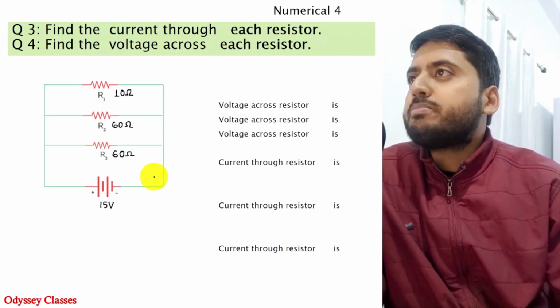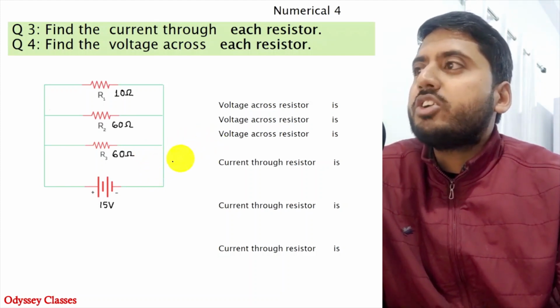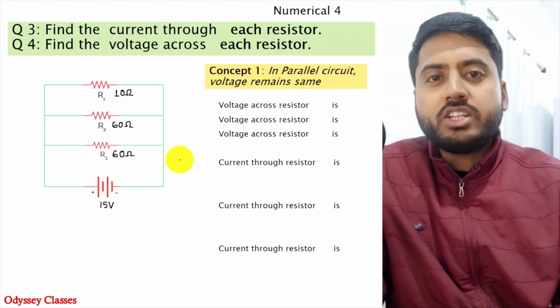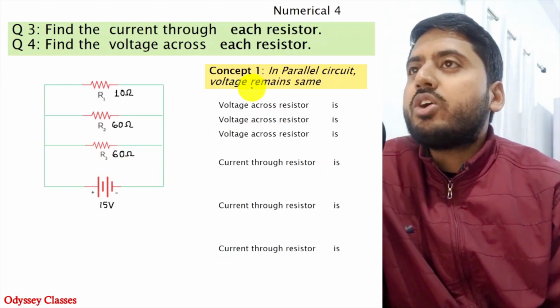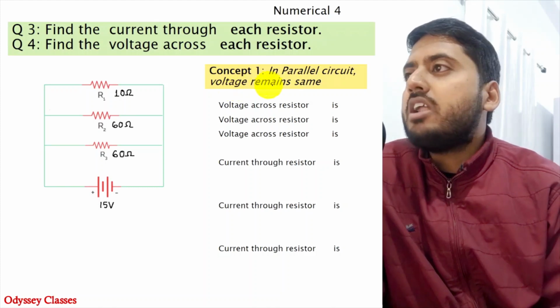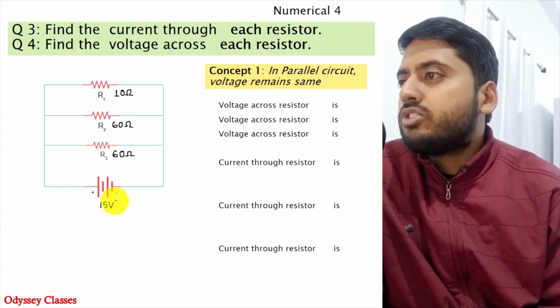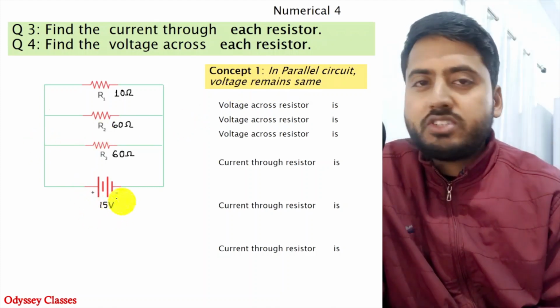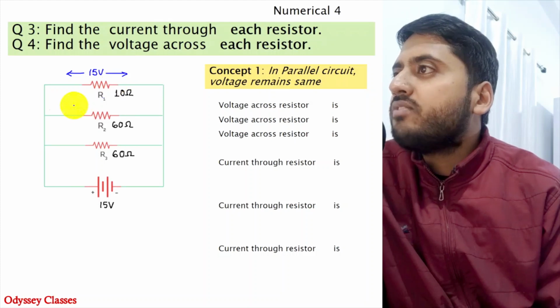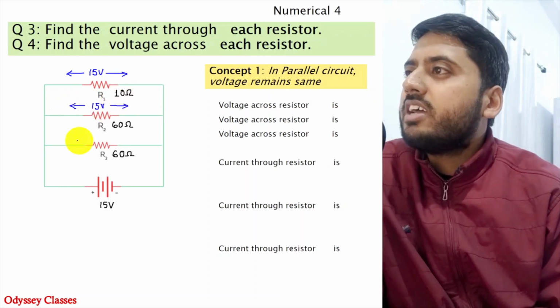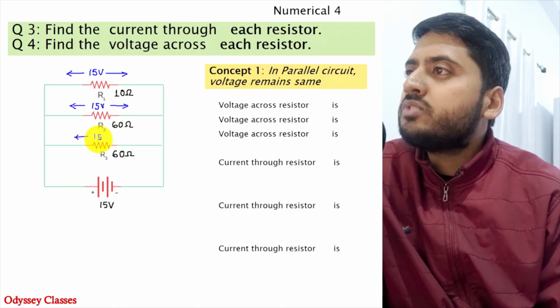So for the first part, to find the voltage across each resistor, we know the concept, that is voltage across each resistor in a parallel circuit remains the same. Since our supply voltage is 15, the same voltage is supplied across R1, the same voltage is applied across R2, and even across R3 it is 15 volts.